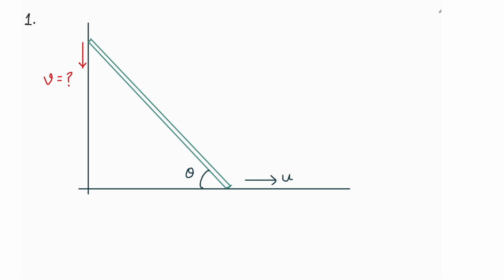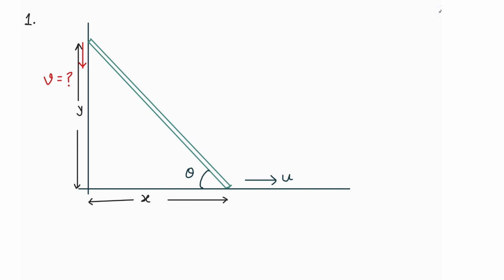In order to solve this, we consider that this distance is equal to y, where y is the distance on the y-axis or on the vertical wall, and this distance is x, where x is the distance on the x-axis or the horizontal floor.